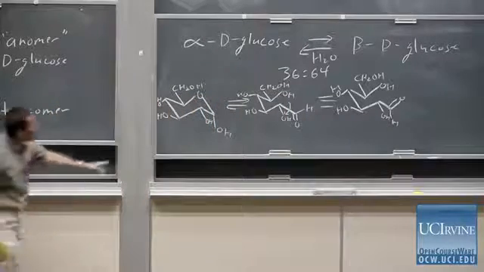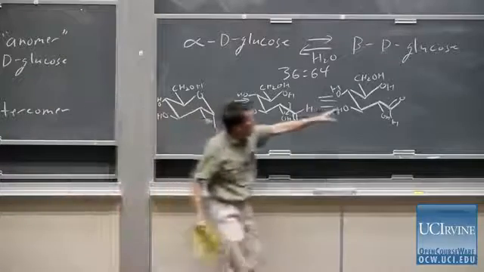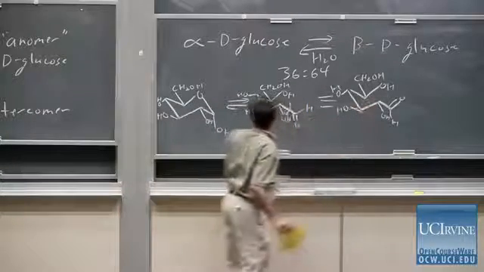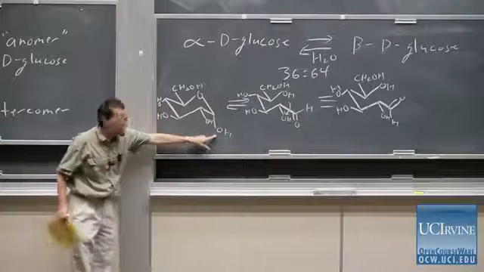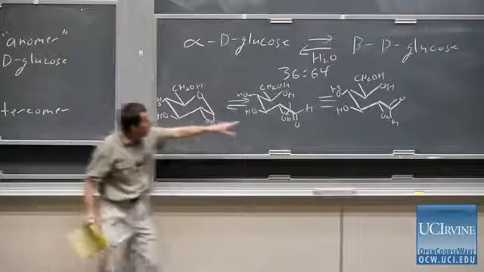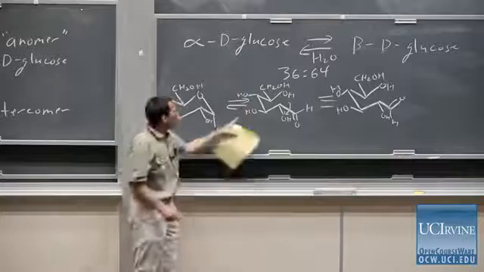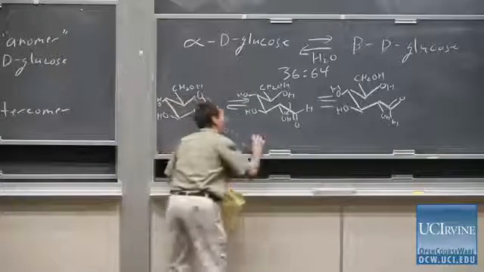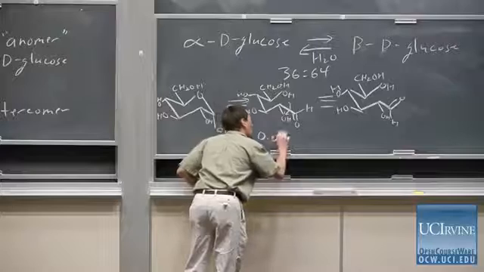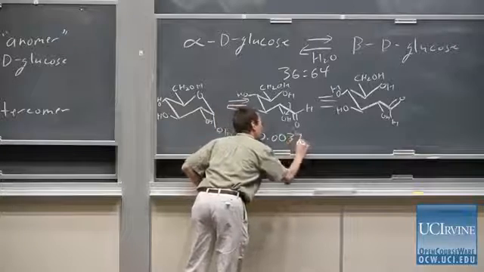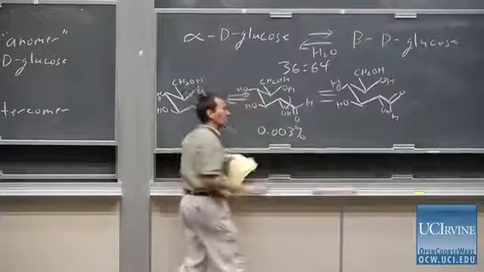And now, if you imagine closing up the structure here, so we've started with alpha D-glucose. We've envisioned opening it to form the aldehyde. At equilibrium here, you have about 0.003% of the open form at equilibrium.